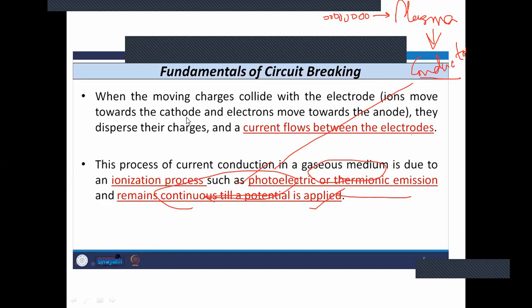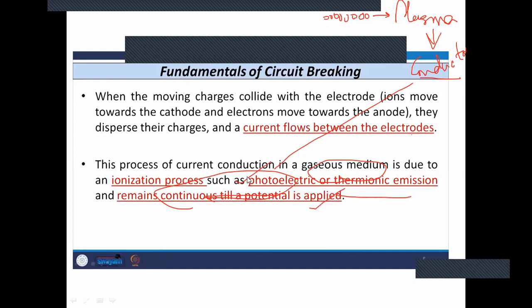The cations have positive charge, so they move towards the cathode, which is the negatively charged plate, and the anions are negatively charged bodies, so they move towards the anode, which is the positively charged electrode.